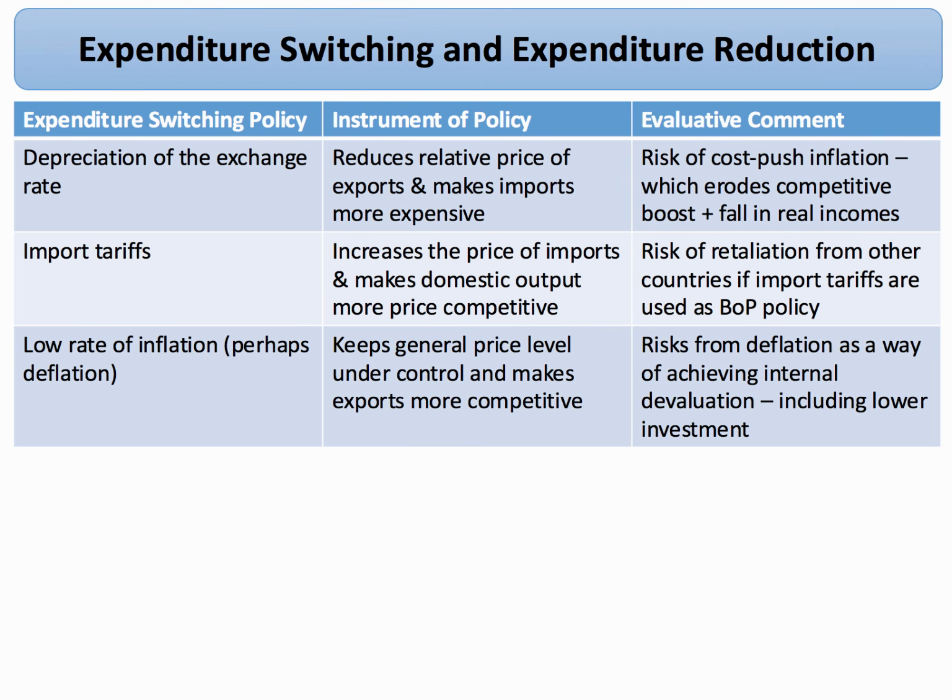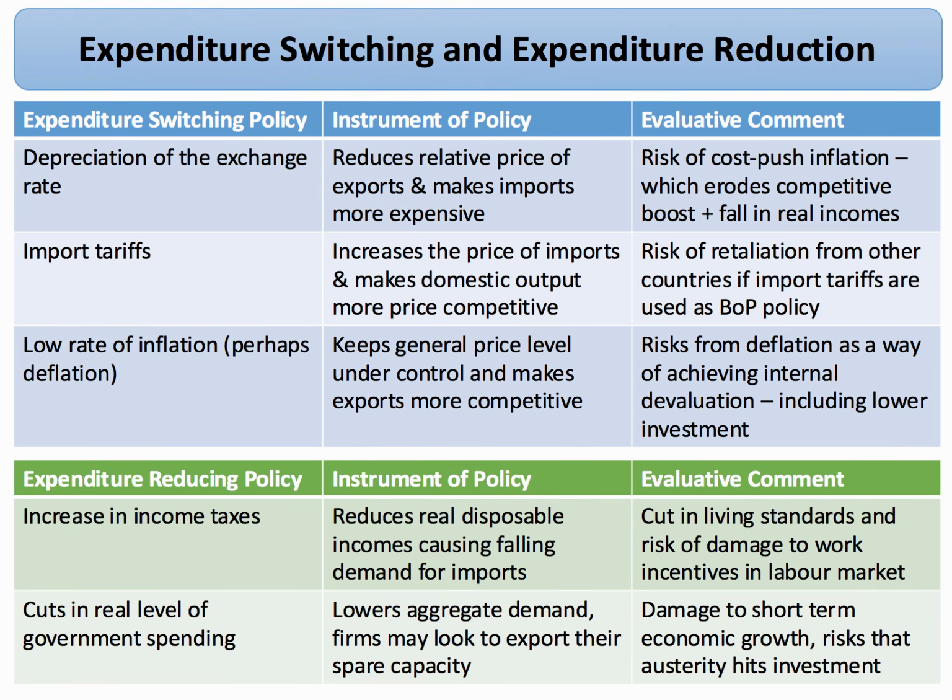So I'm not going to go through everything on this slide because we can do this in a separate video. But for example, you could introduce import tariffs as an expenditure switching policy, make imports more expensive, make domestic producers more competitive. But of course you risk retaliation, a trade war perhaps from other countries if you're using your tariffs specifically to improve your trade balance.